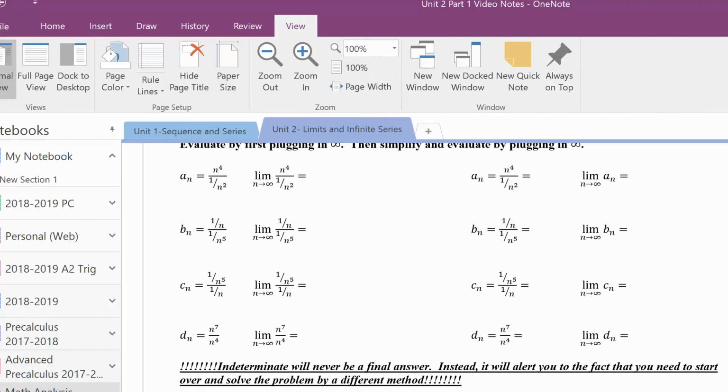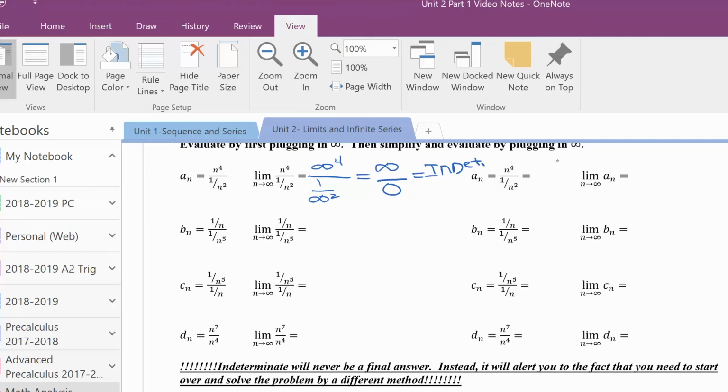So for example, if I evaluate here by plugging in infinity, I get infinity to the fourth over 1 over infinity squared. Well, infinity to the fourth is infinity. 1 over infinity squared is 0. Well, infinity over 0 is indeterminate, meaning you can't do it. Can't divide by 0.